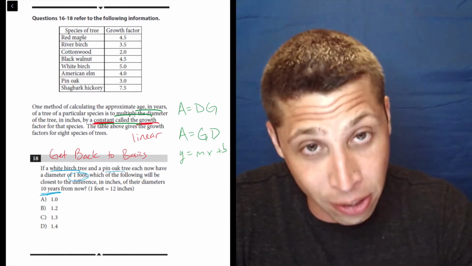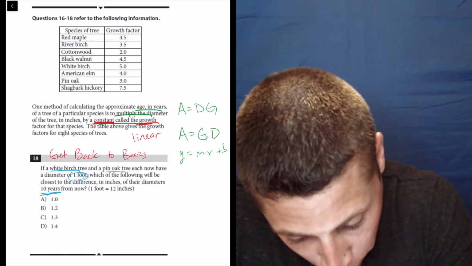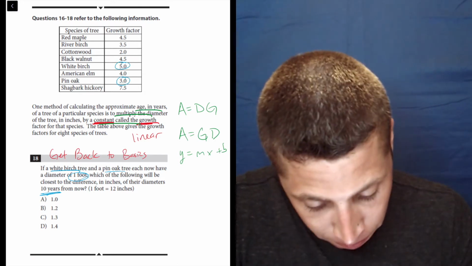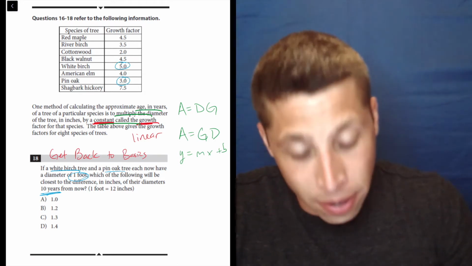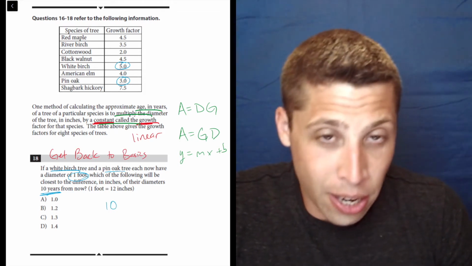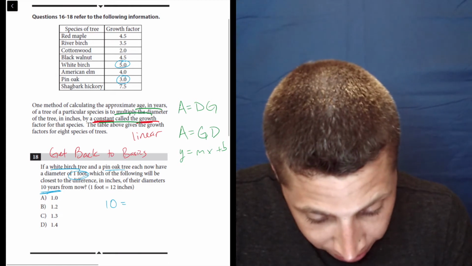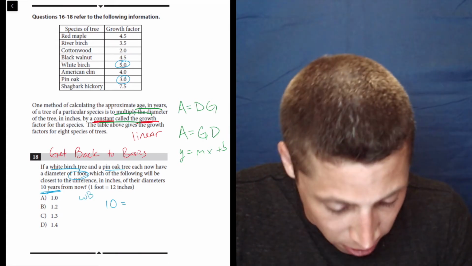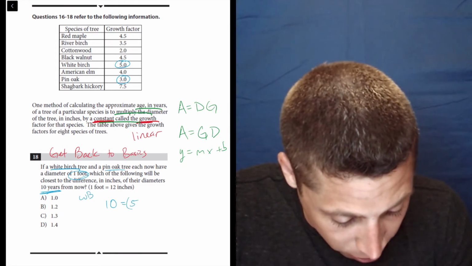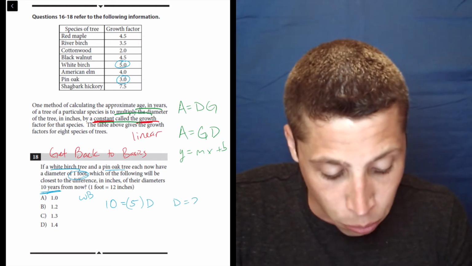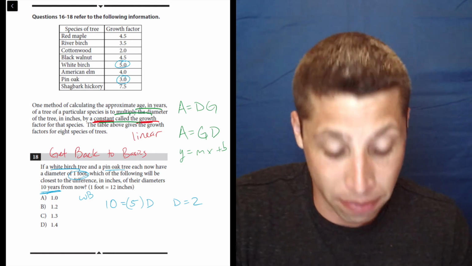Well, now we can take this equation, and we know we want the white birch, so that's this guy, and the pin oak, which is this. So we know that if 10 years pass, and this is the white birch, 5 is the growth constant, then the diameter is just going to be 2, right? 10 divided by 5.